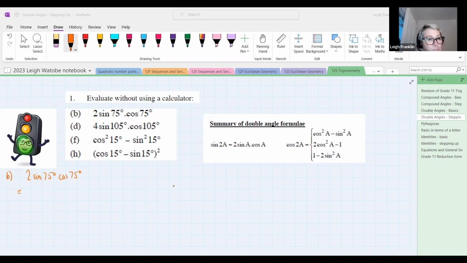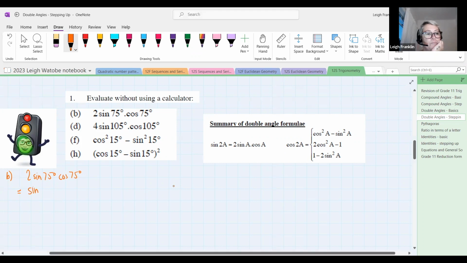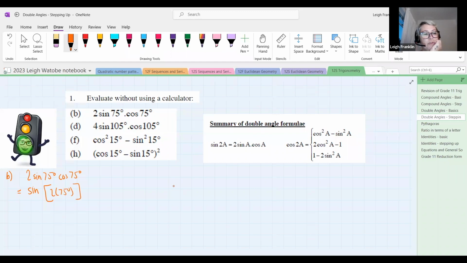So 2 sine 75 cos 75 will be equal to sine 75 plus 75. Or you could, did you do that? Yes, 2 times 75. Okay, there we go. Then it's going to be sine 150. Lovely.